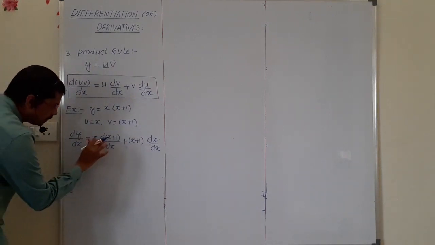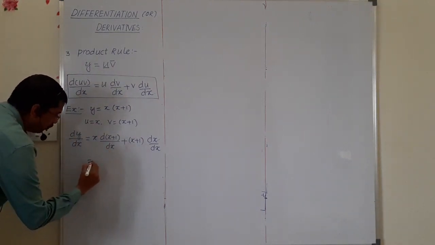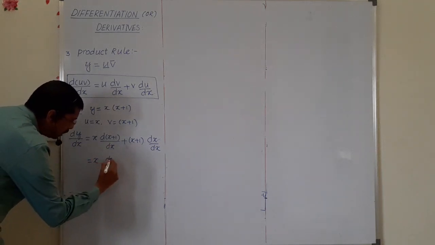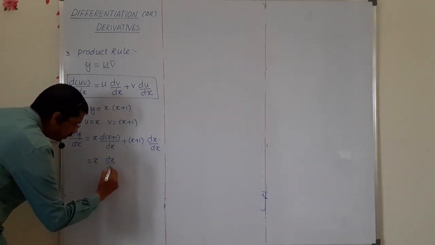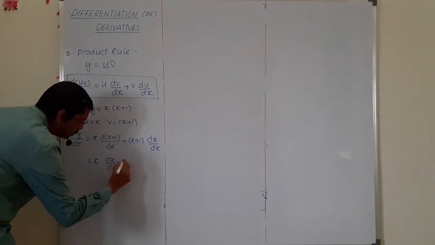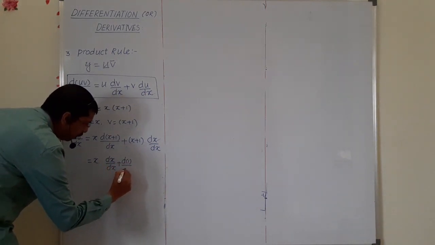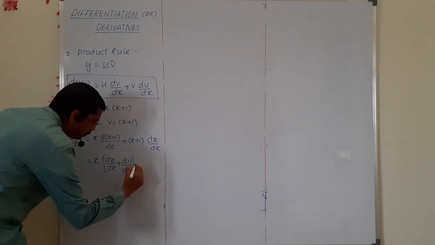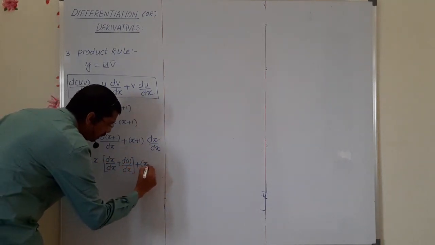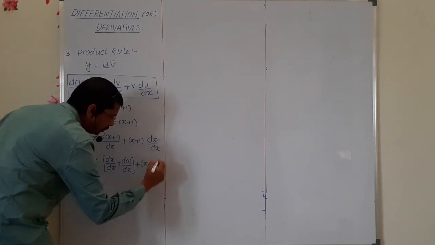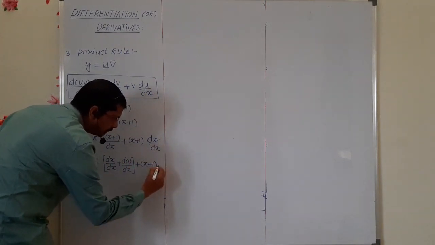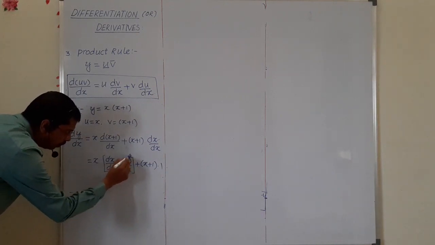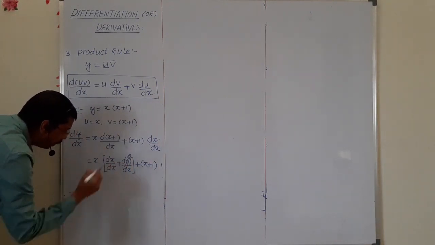Now in this value, if you start from the basics, how can we write? x into dx upon dx plus d1 upon dx, plus x plus 1 is a constant, dx upon dx is 1. Here d of the constant is 0, and dx upon dx is 1.